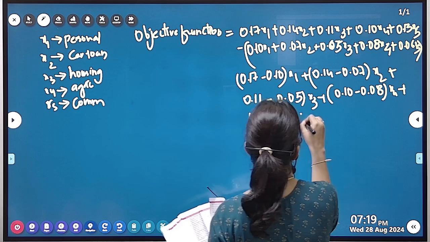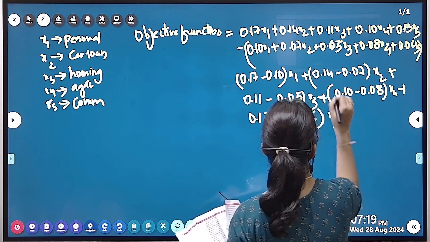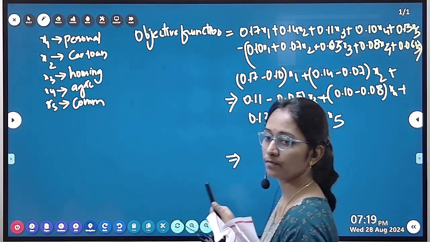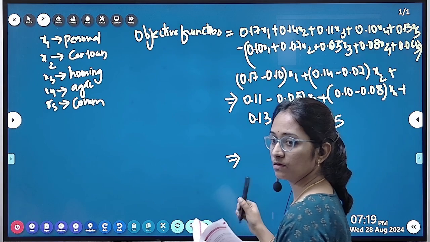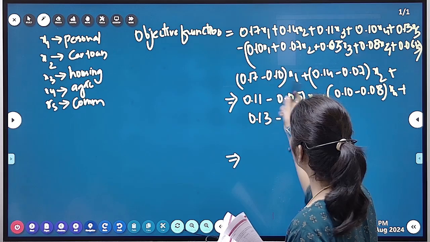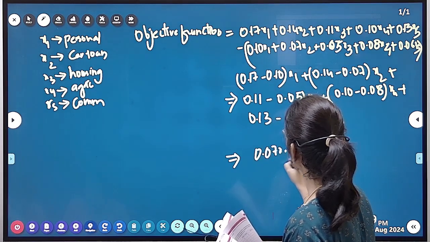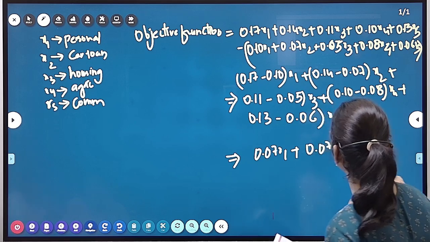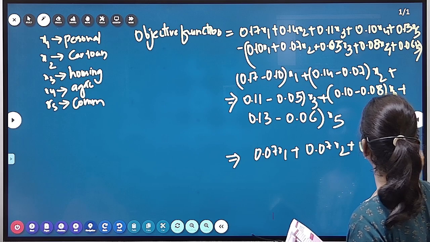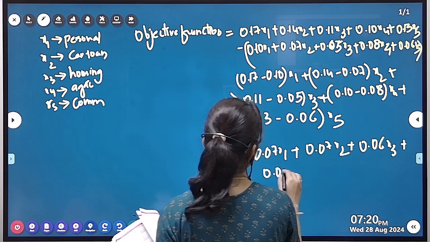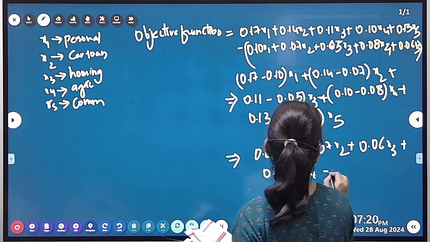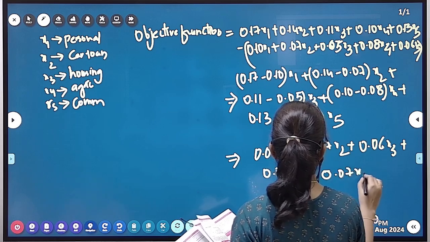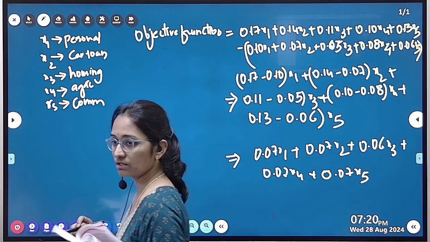So tell me, solve this, minus this amounts and tell me what you will get. 0.07 x1 plus 0.07 x2 plus 0.06 x3 plus 0.02 x4 plus 0.07 x5. So this is the objective function.